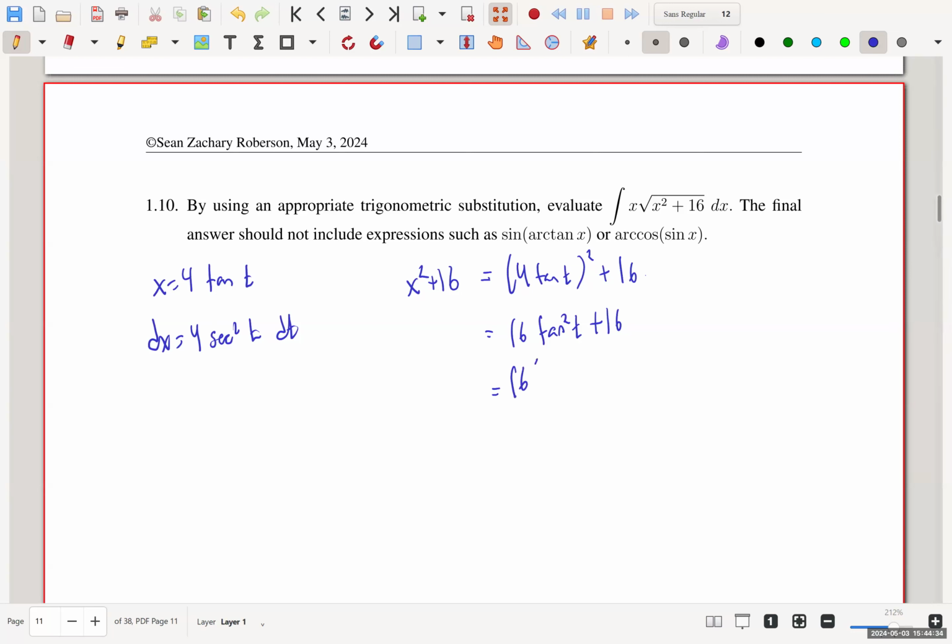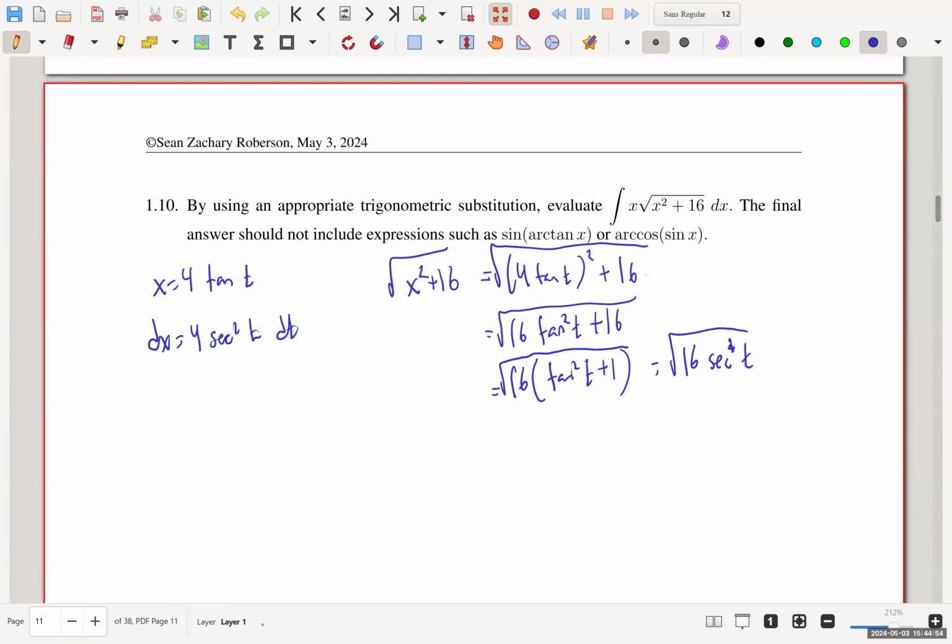And folks, what do I have? 16 times tangent squared t plus 1. But what's 1 plus tangent squared? It's secant squared. That's why this is so powerful. 16 secant squared t. And now take a look what happens when I take square roots of all this. Square roots are multiplicative. The square root of 16 is 4. The square root of secant squared is, well, absolute secant t. We're going to ignore that. It's secant t.